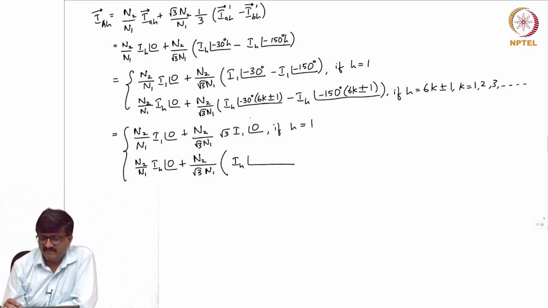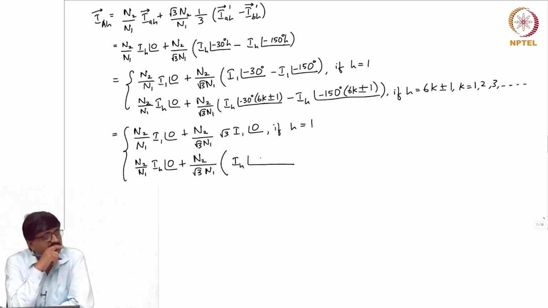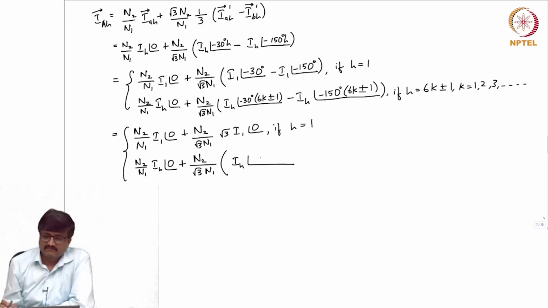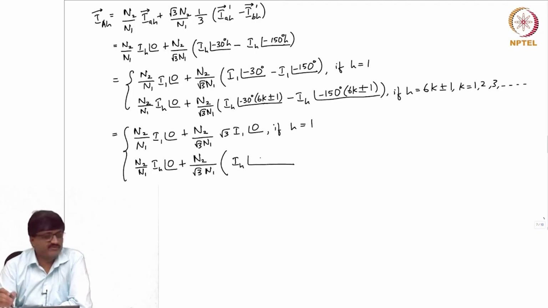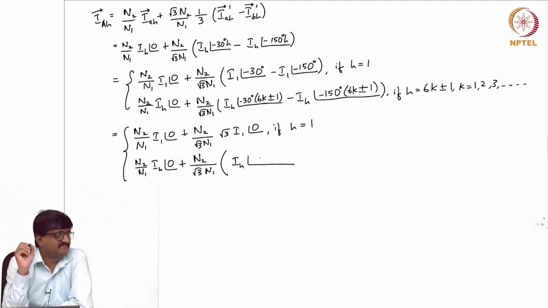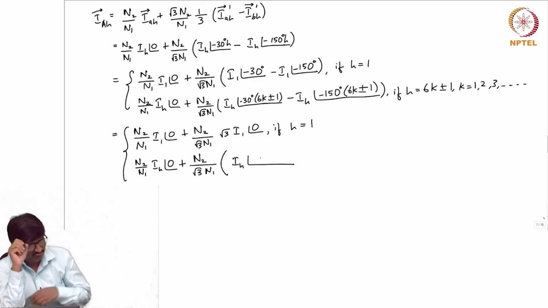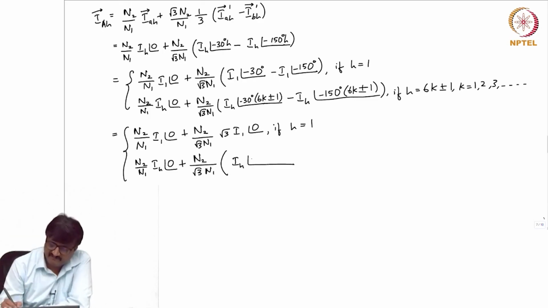Any simplification for minus 30 degree into 6k? Minus 30 degree into 6k is minus 180k. Let me first write one more step. Minus 180 degree into k.